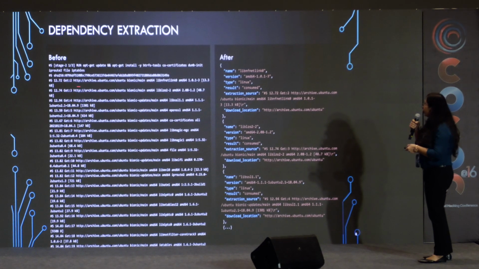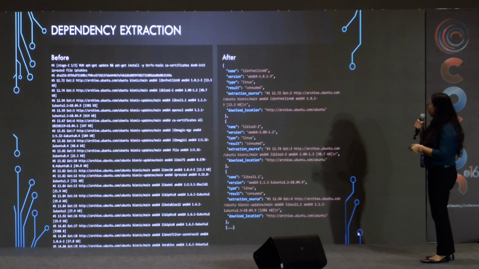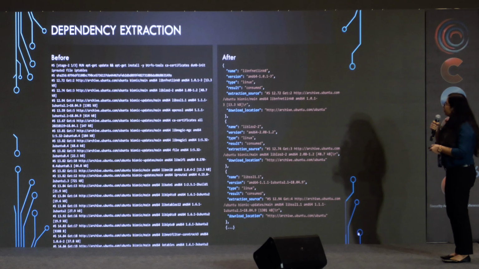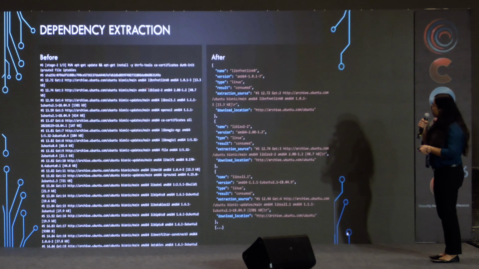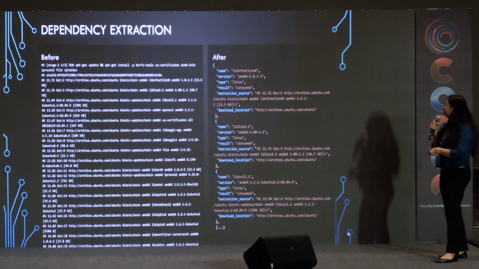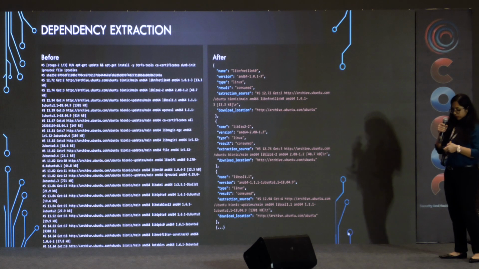This is the code location, the line exactly from where we got this information. It's a Linux type of package. Similarly, there are other dependencies like liblzo2-2 and so on, and we get the list on the right-hand side after passing it through the API.